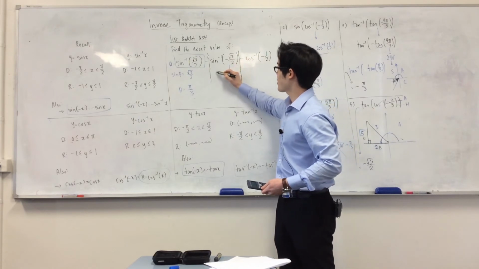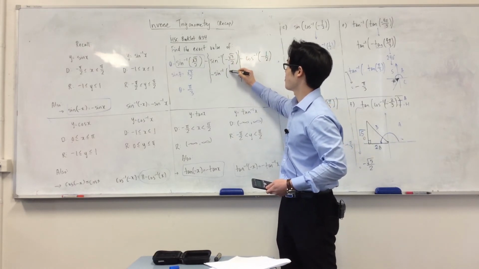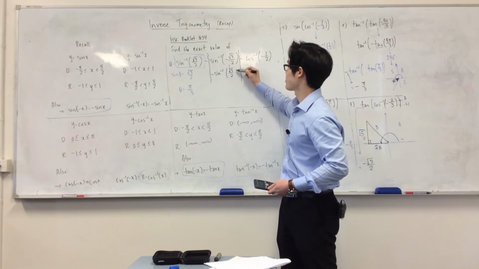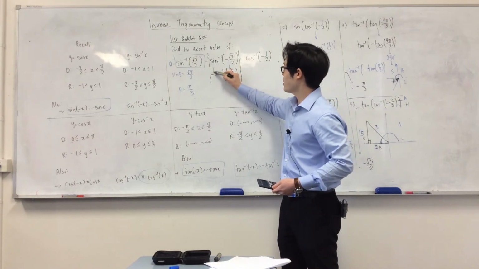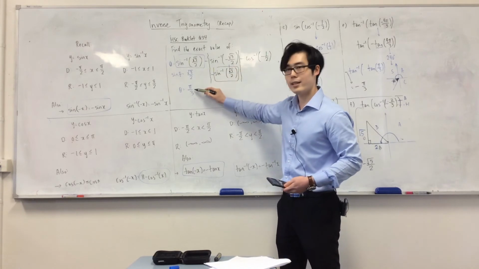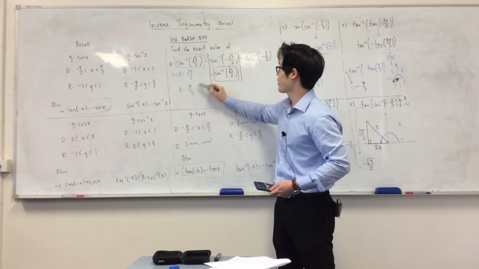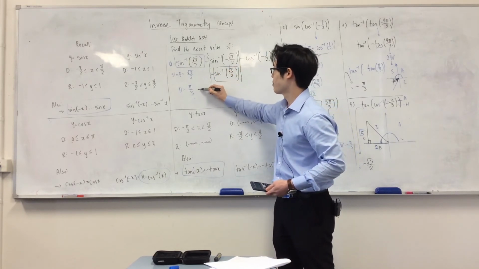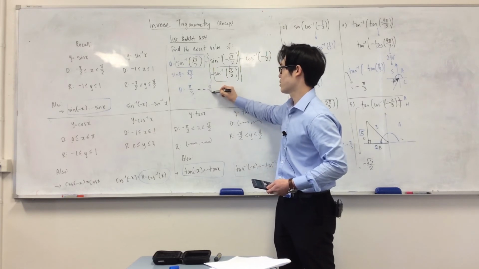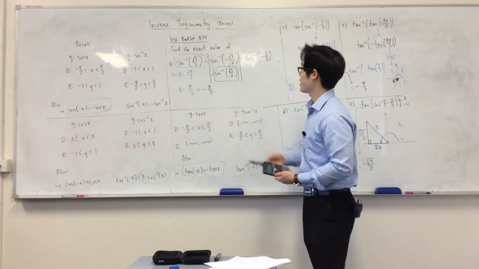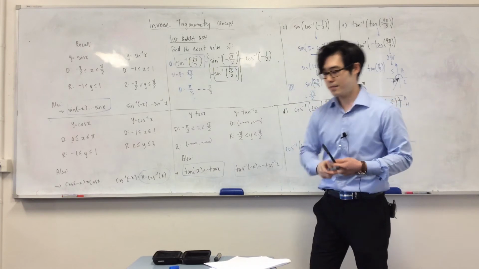So this is the same thing as writing sine inverse with the minus outside, but the minus is now gone inside the bracket. And we know strictly what that is, pi over 3. So what I have now is minus minus pi over 3, which is plus pi over 3. We'll evaluate that later because now I want to do this.